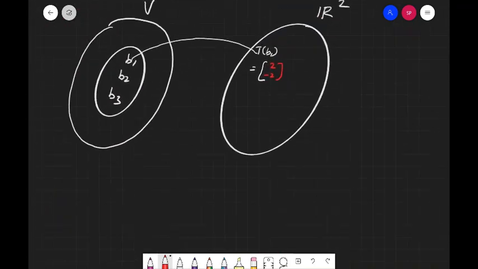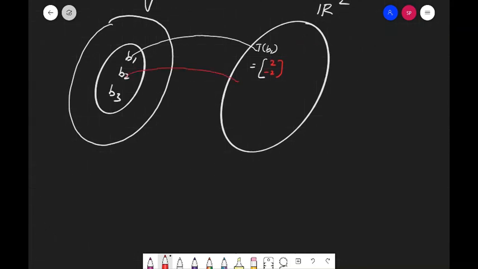Then for B2 I have T of B2, that is equal to minus 3, 0. We found it here.